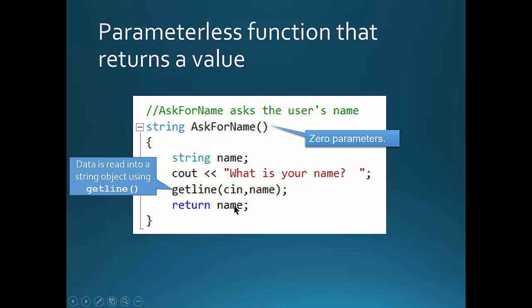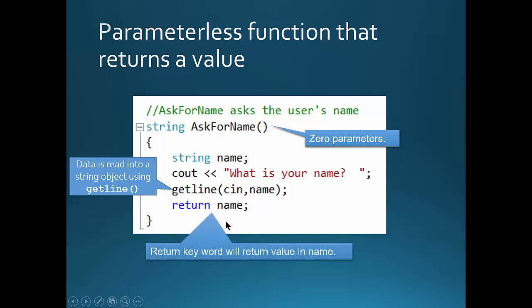And then it returns name, and because name is a string, it is meeting the output type of this function. So again, we have to make sure that whatever we return matches the return type of the function. In this case, it is a string, so that will work.